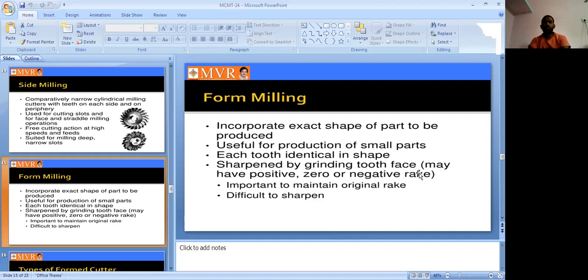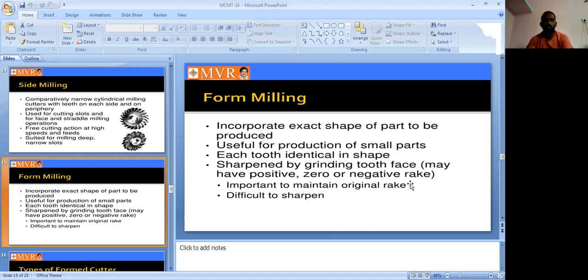So how can we sharpen this kind of milling cutter? By grinding the tooth face. It may have positive, zero or negative rake. We can see positive, negative or zero rake in this kind of form milling cutter.